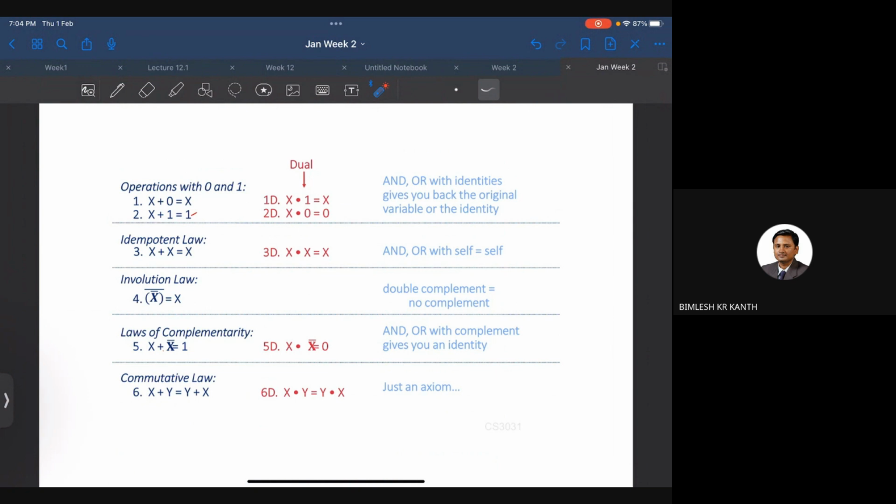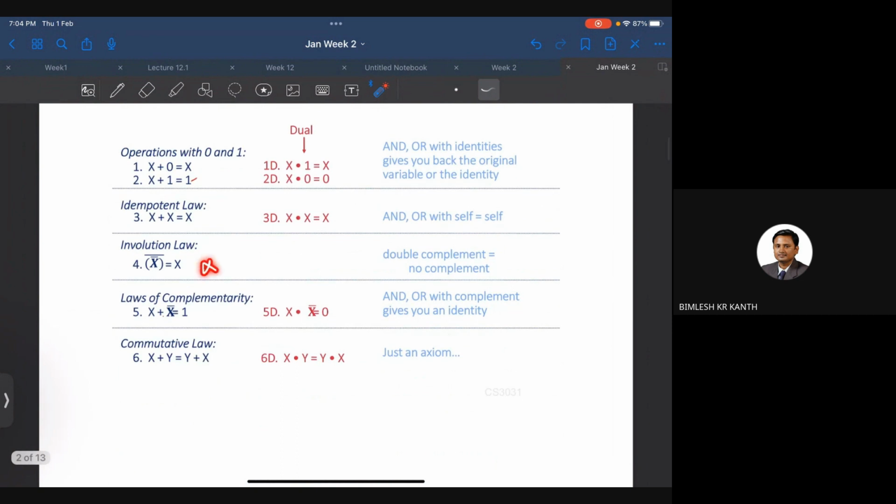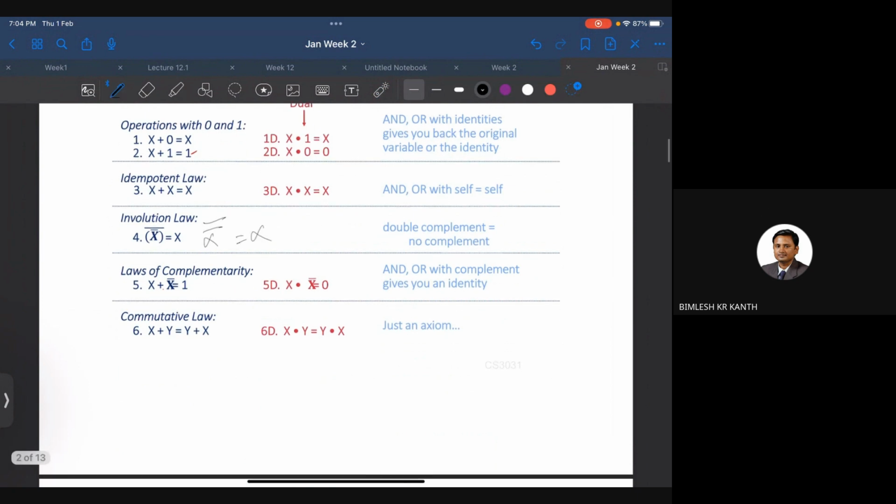There is another law: x or x gives x, and x and x gives x. If you do a double complement of x, you get x, right? And x or x bar equals 1, and x dot x bar equals 0.